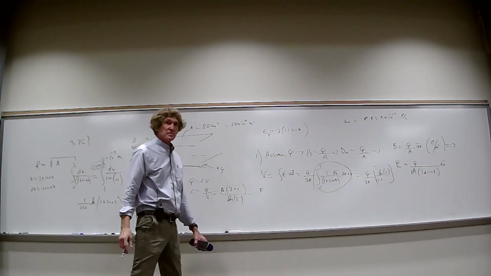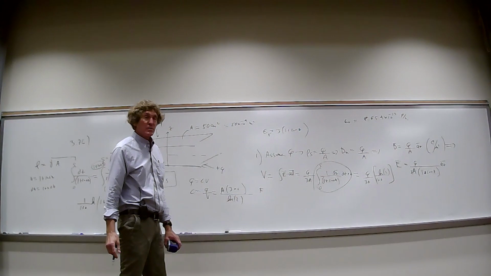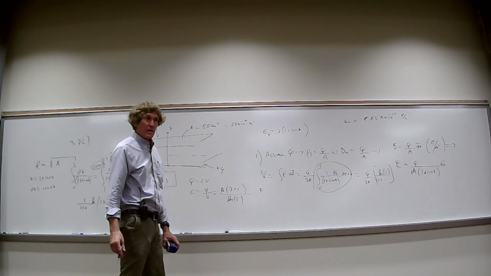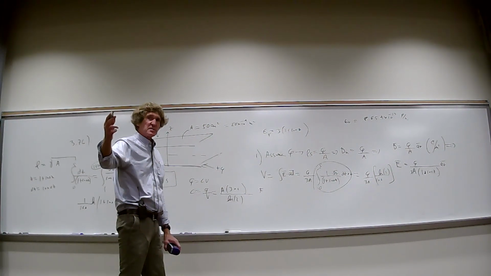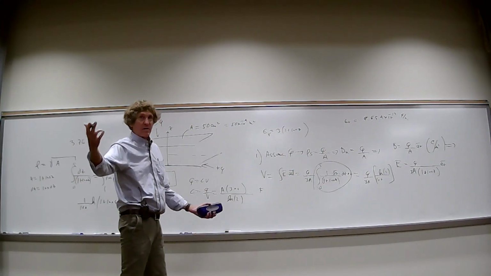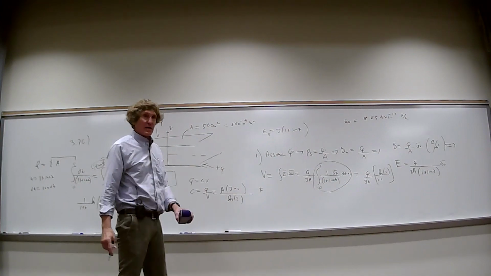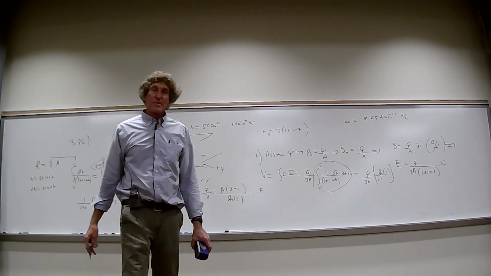Is that what he has in a solution? Didn't I post these things? Can you look it up there? Is that it? It's going to be of that form. He may put A down as whatever.